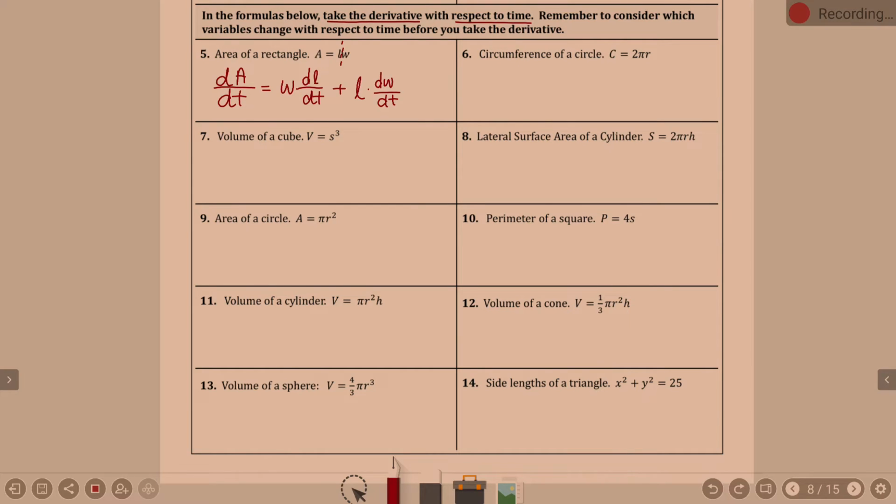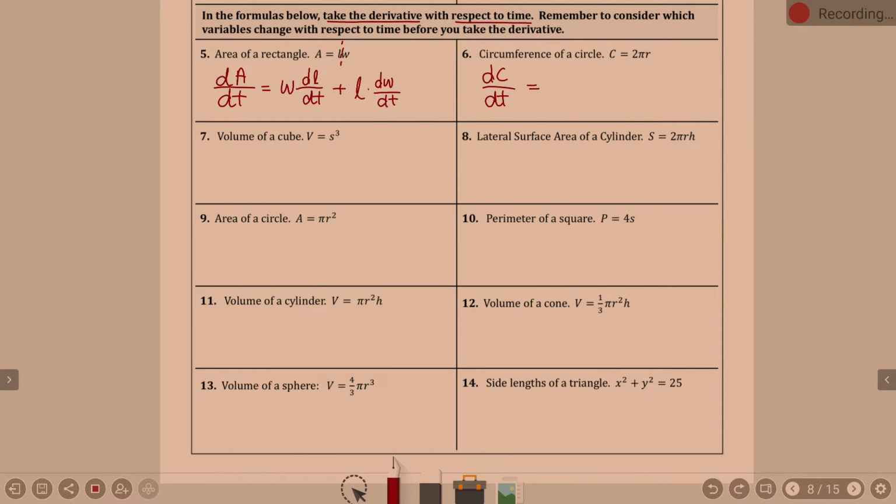Okay, circumference. Let's take the derivative of circumference. The derivative of circumference with respect to time, so dC/dt. I disagree. Well, we only have two product rules. No, one product rule, because 2 pi is a constant.